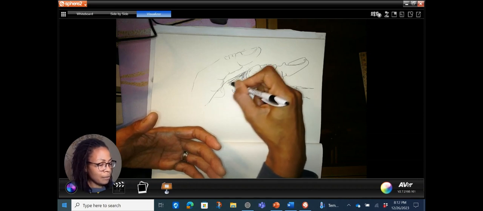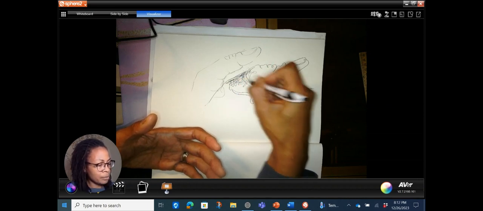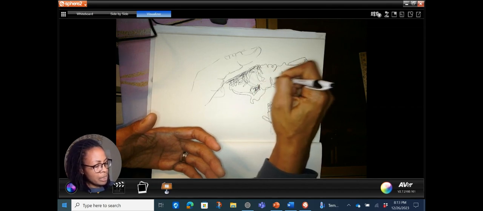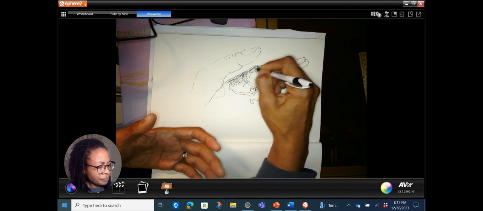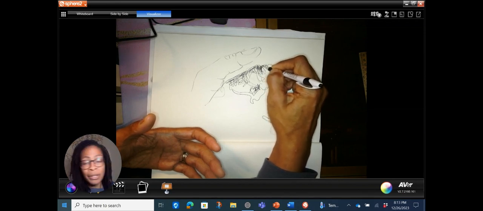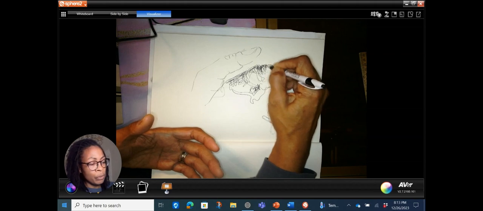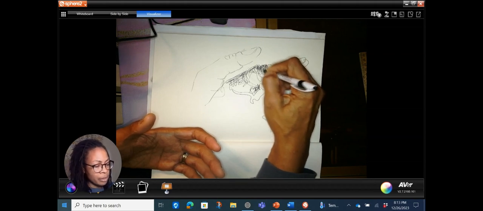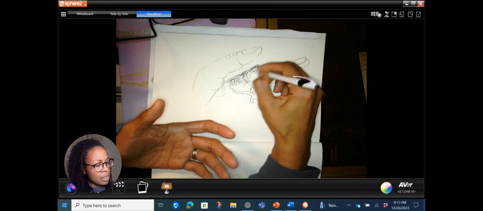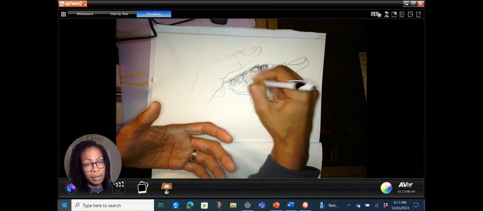A lot of times, again, they're nervous in terms of where to start. So I tell them to keep in mind that their fingers are really just value scales, or simple forms. This is like a cylinder, this part of your finger. The balls of your fingers can be treated almost like a sphere.